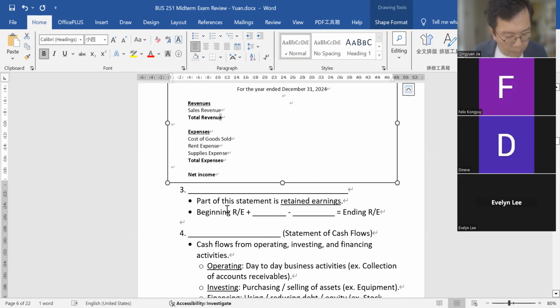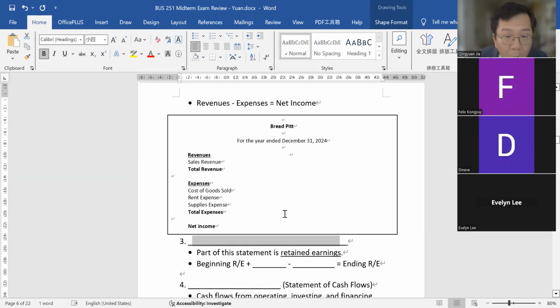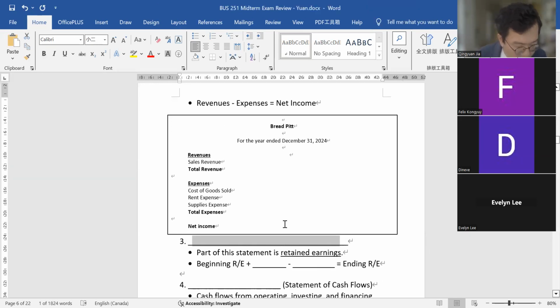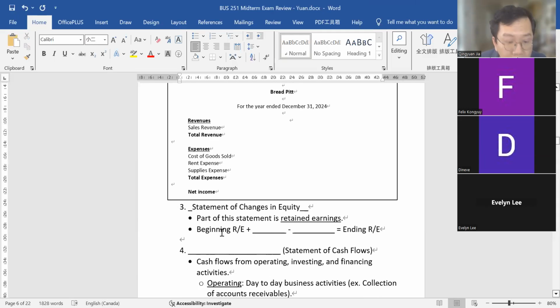And let's move to the next concept. There's another one that is quite important. It's called statement of changes in equity, right?